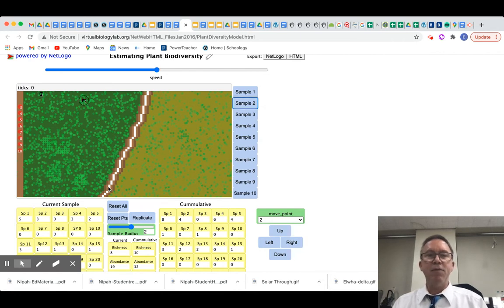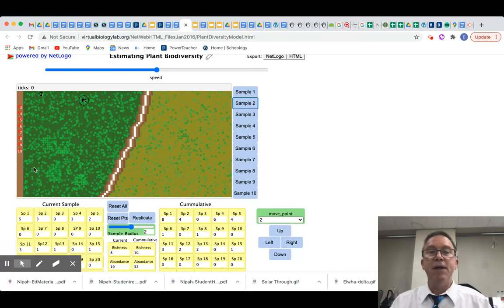Now notice that I have a current sample with a richness of 8, but my overall richness has gone up to 10. That's because there are other species seen here that weren't seen in sample 1. So sample 1 and sample 2 have different species present.